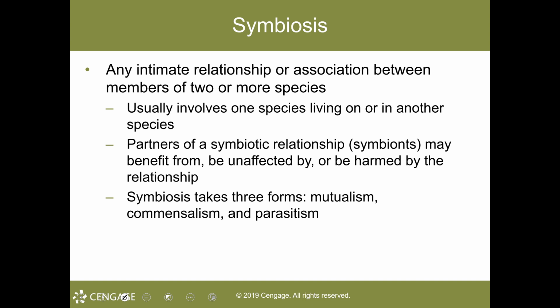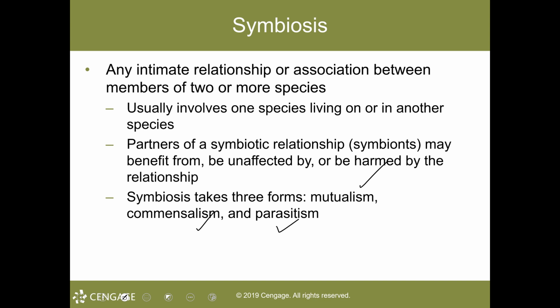Here, class, the symbionts, the partners of a symbiotic relationship, may benefit from, be affected by, or be harmed by the relationship. Symbiosis occurs, class, across all domains and kingdoms of life, and most of the millions of symbiotic associations are products of coevolution. Symbiosis occurs, class, in three forms, known as mutualism, commensalism, class, and parasitism.